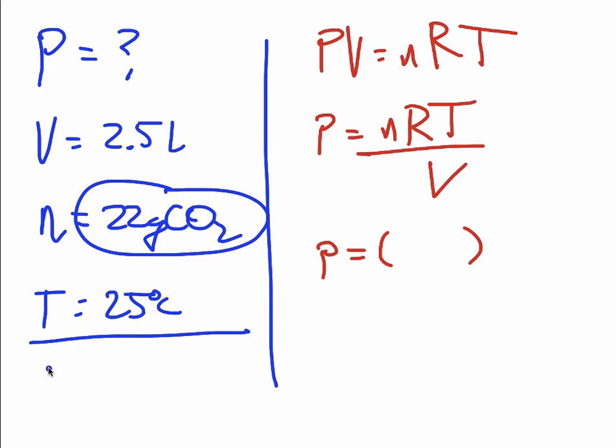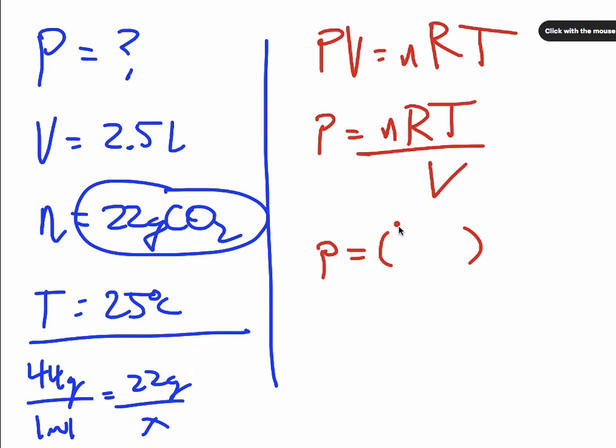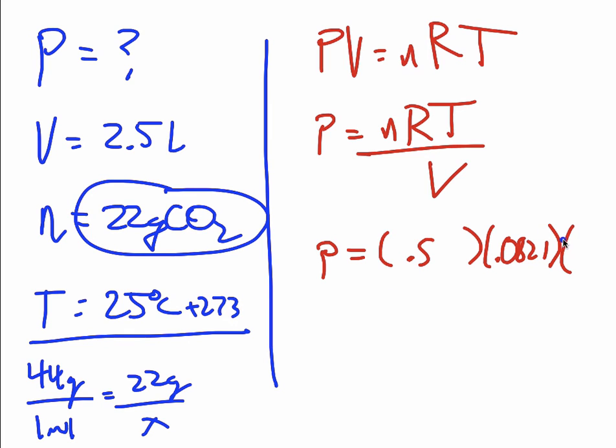Let's go back and do a mole conversion. We know that there's 44 grams per every 1 mole of CO2. So 22 grams is how many moles? We're going to solve for x, and we get 0.5 for that. And we're going to get 0.0821 for that. And we're going to add 273 to that, and that's going to give us 298.